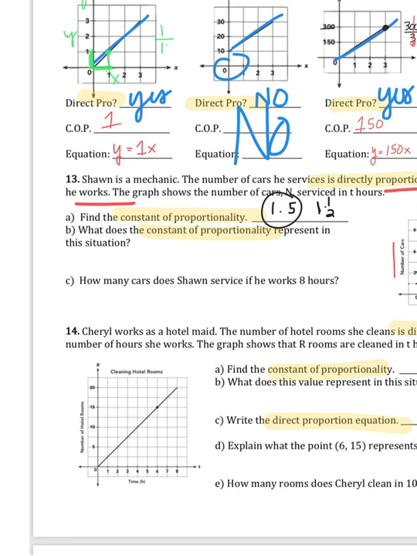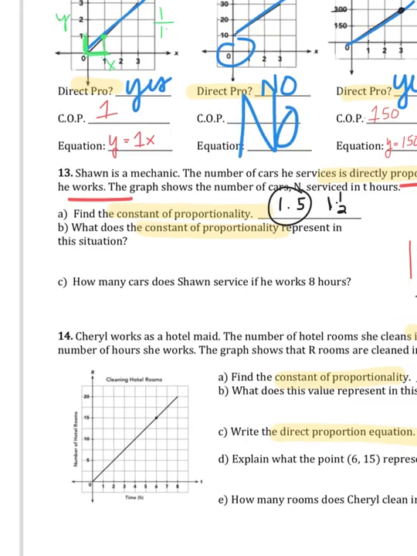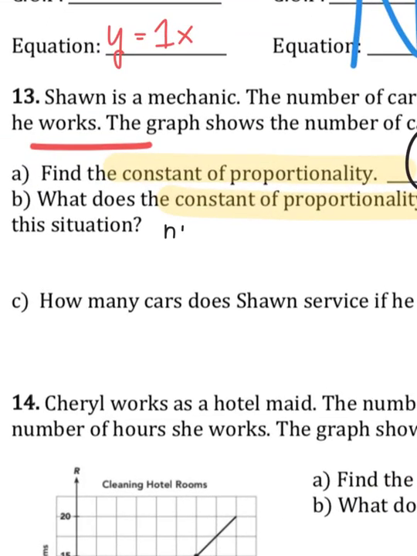So what does the constant of proportionality represent here? So 1.5 means the number of cars, which would be 1.5 every hour.